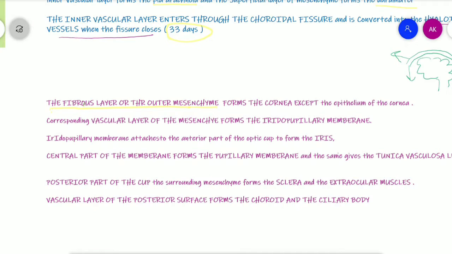Okay, now apart from that, the fibrous layer will also form one more structure, and that is the cornea. Almost the entire part of the cornea except one part, that is the epithelium of the cornea, is formed by the outer fibrous layer of the mesenchyme.